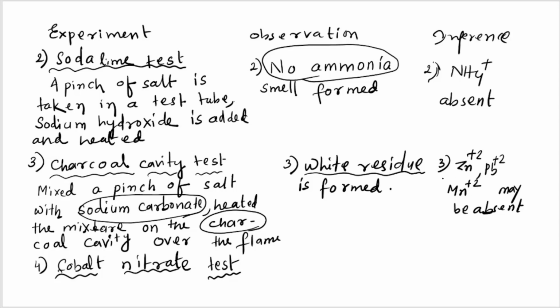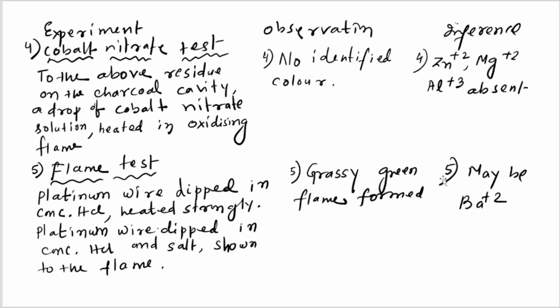I told you the dry test is not so important. It is only a guessing test, may or may not. If a white residue forms, then Zn+2 is absent, Pb+2 is absent, Mn+2 is absent. Then come to the cobalt nitrate test. Here you add cobalt nitrate on the charcoal cavity where a white residue has formed.